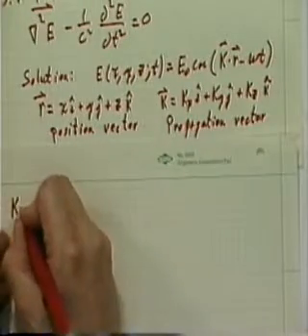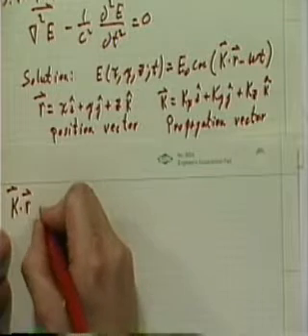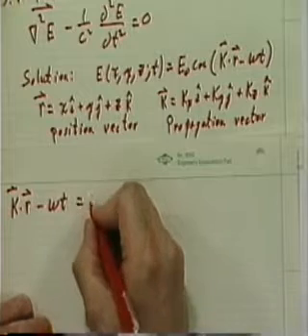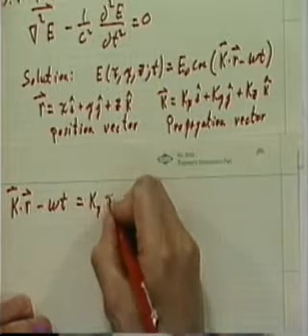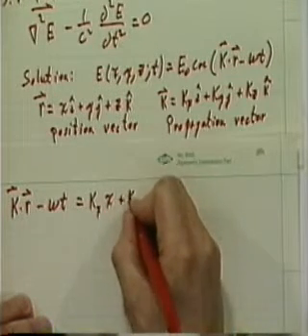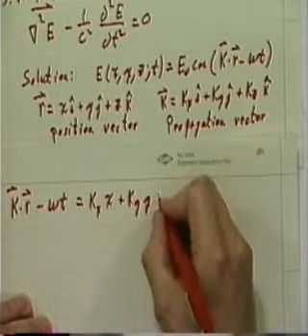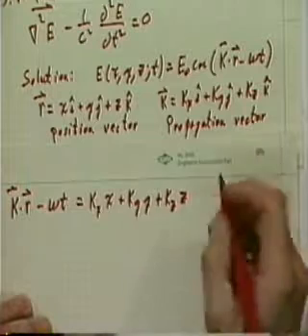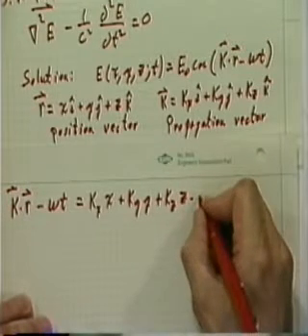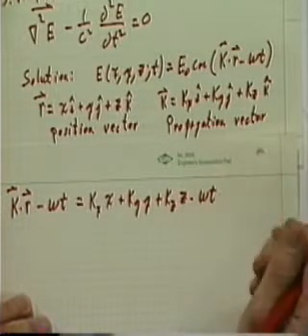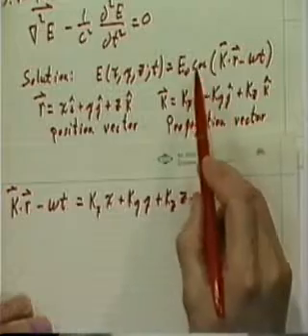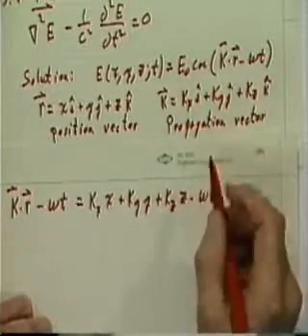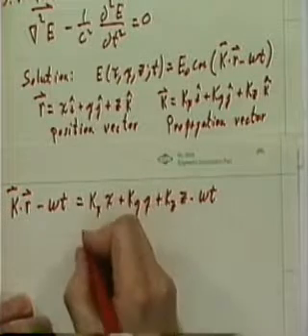So k dot r minus omega t is equal to k sub x times x plus k sub y times y plus k sub z times z minus omega t. And for this being a constant value, this is equal to a constant.